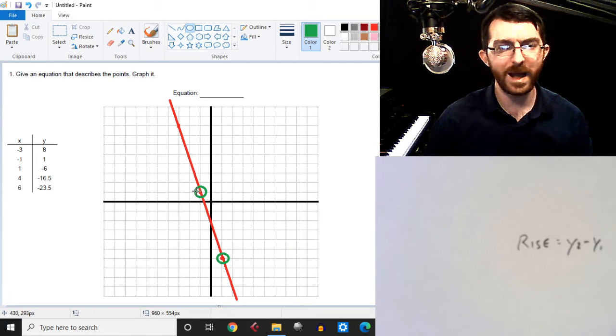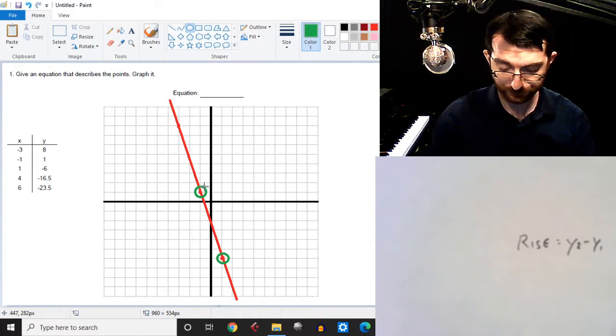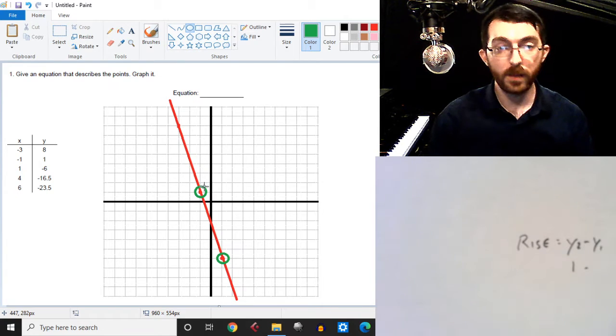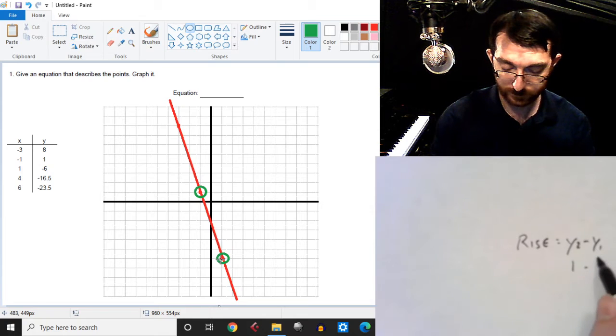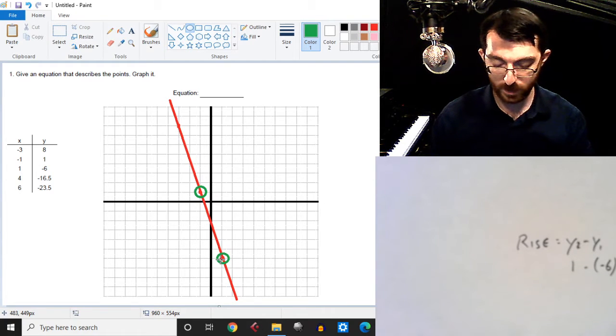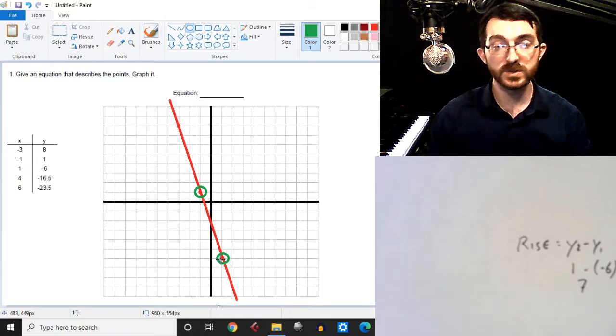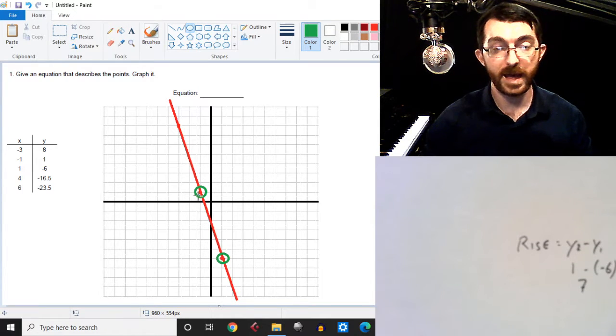So the y value of this is 1. The y value of this is -6. 1 minus -6 is 7. So that is a difference of 7.